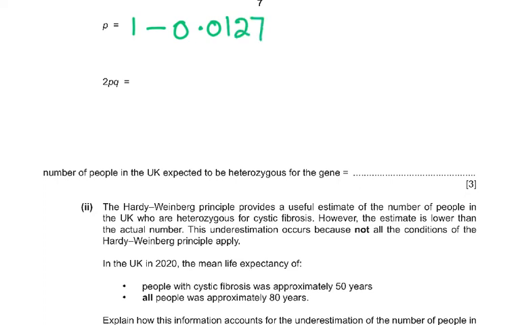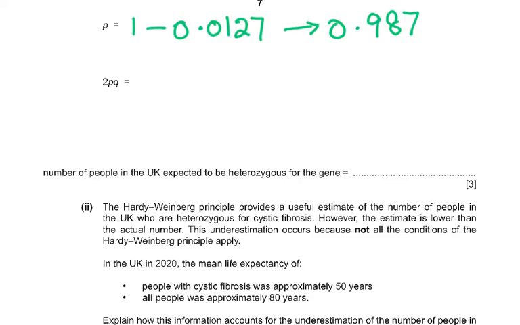So p is equal to 1 minus 0.0127, which is 0.987. So 1 minus this is the working, and 0.987 is the answer.